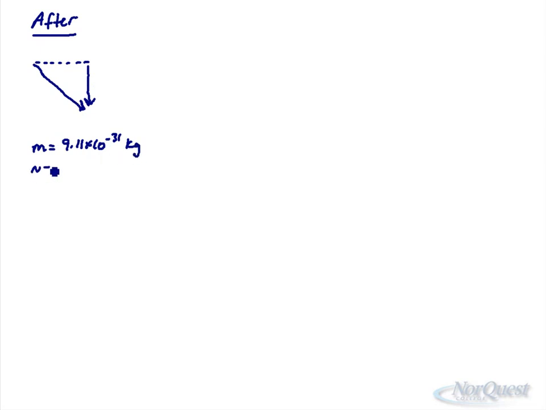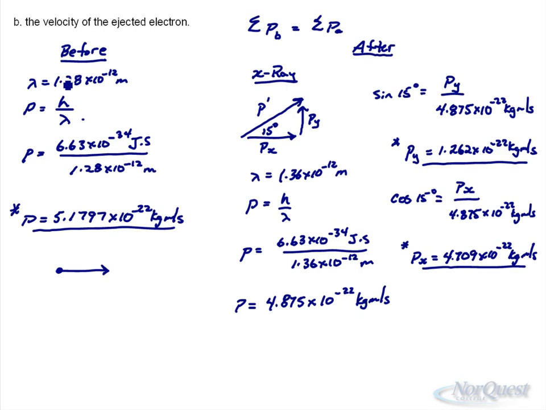We don't know its velocity. In fact, that's what we're looking for. So we don't know the momentum. But we could figure out the momentum in the x and the momentum in the y, we could then find the resultant and then find the angle after, theta. Well, since I know what the total momentum in the x direction has to be, it's 5.1797.